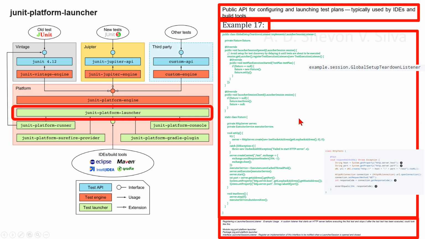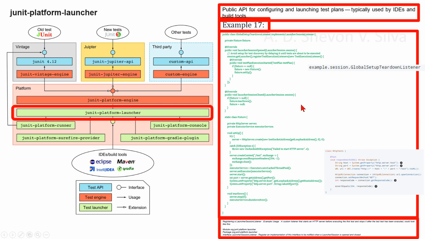LauncherSessionListener is well suited for implementing once-per-JVM setup and teardown behavior, since it's called before the first and after the last test in the launcher session, respectively. The scope of a launcher session depends on the IDE or build tool used, which usually corresponds to the lifecycle of the test JVM.